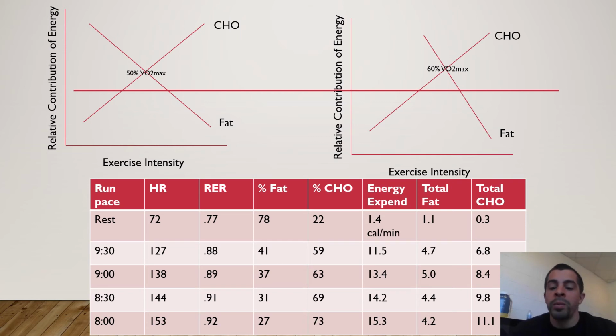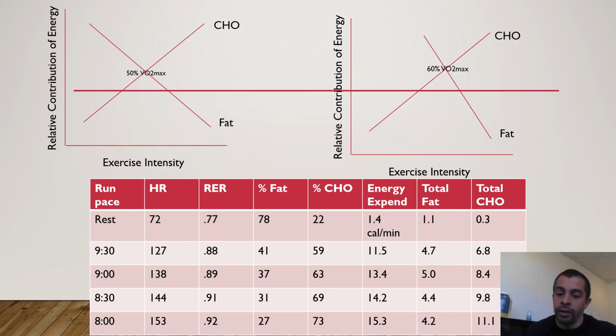But now, if you go down to the second row, when he just starts exercising, he's now burning 59% carbs, 41% fat. However, his total energy expenditure has gone through the roof. It's increased almost tenfold.